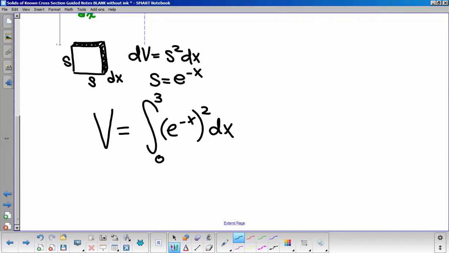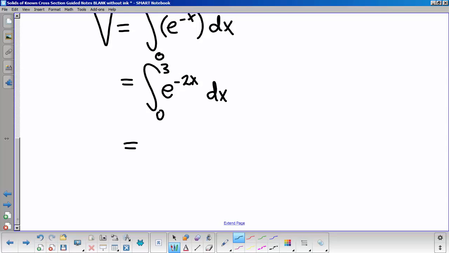What happens when I square e to the negative x? You get e to the negative 2x dx, and hopefully we can take the antiderivative of this. It's e to the negative 2x over negative 2, evaluated between 0 and 3.